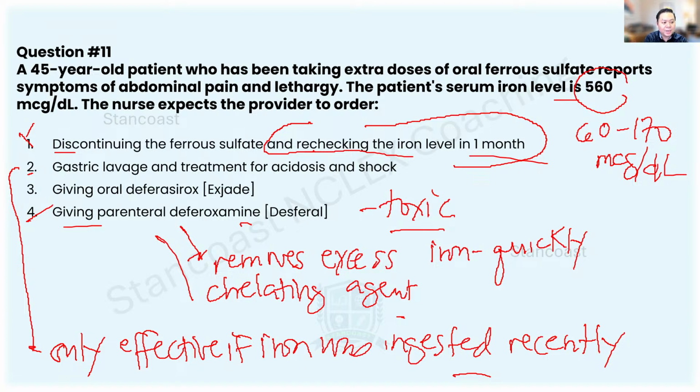Now, what about number 3? Giving oral deferasirox. Oral deferasirox, which is the Exjade. So this is also an iron chelating agent, but this is used for chronic iron overload conditions.